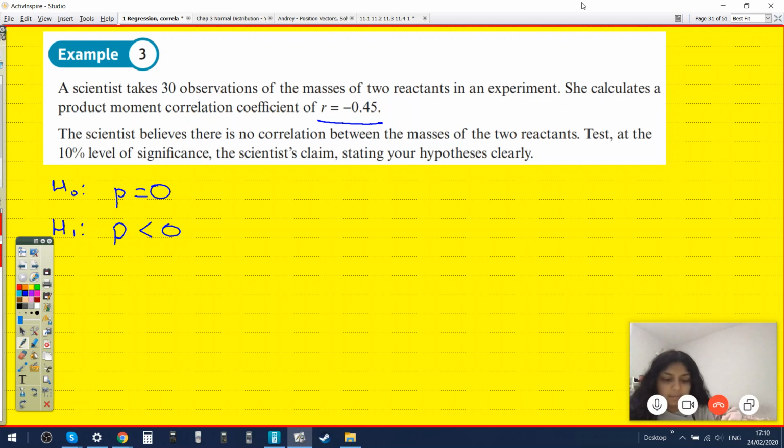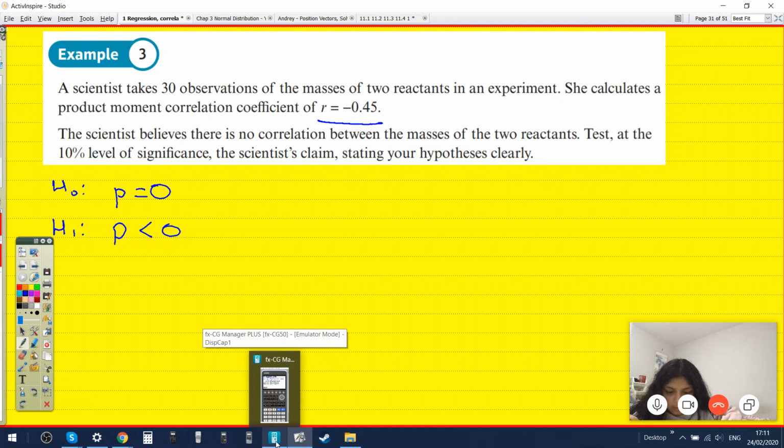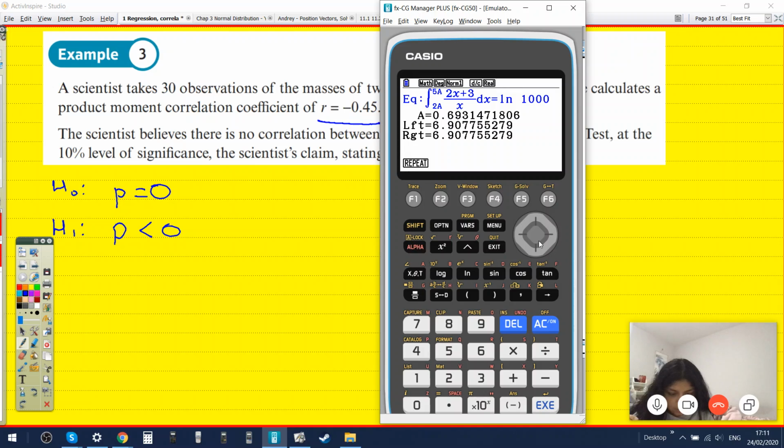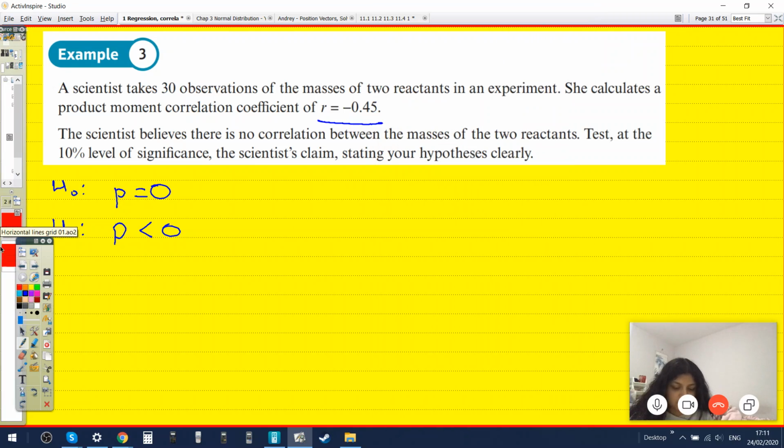So 10% two-tailed is, and it's 10 over 30, never mind. Okay, so for two-tailed, it's 0.3061.